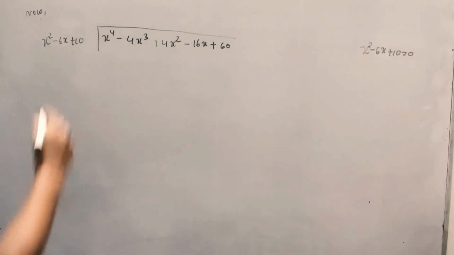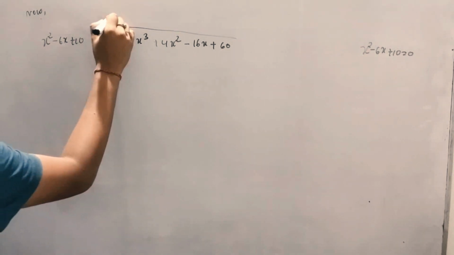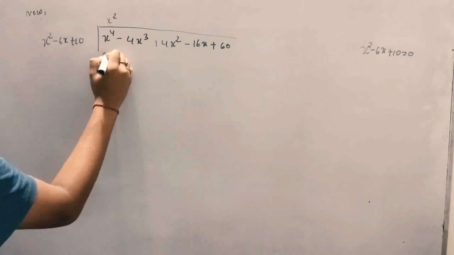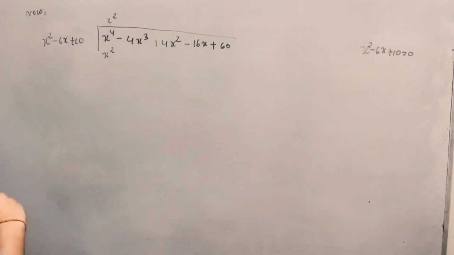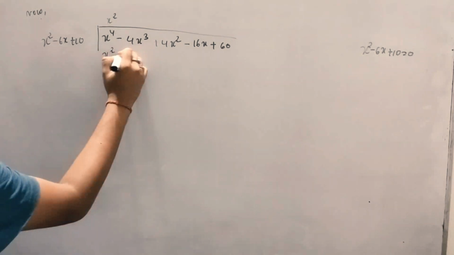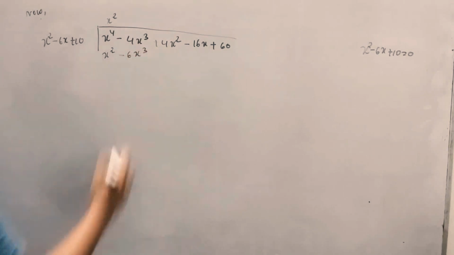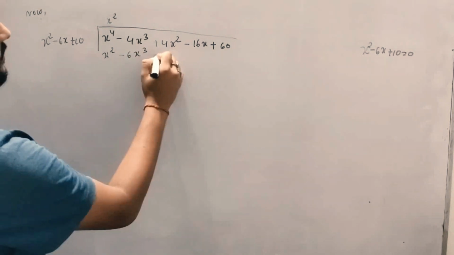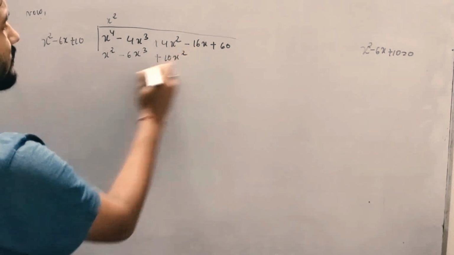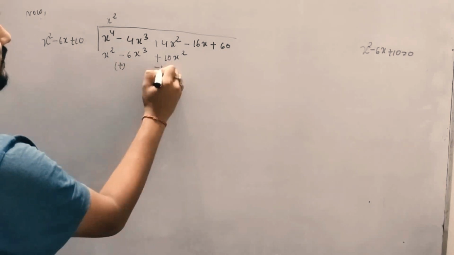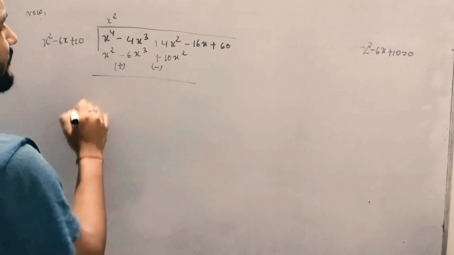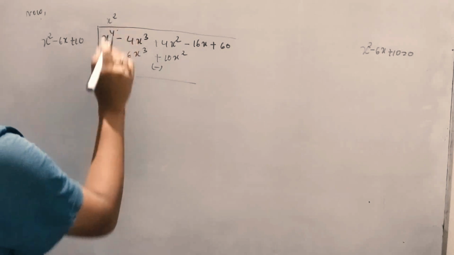So at first, for x to the power 4, I have to give x square. This is x square minus 6x cube minus 6x cube plus 10x square plus 10x square. So this is plus, this is minus, so this cancels.